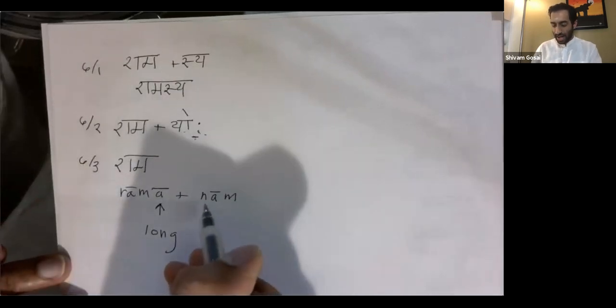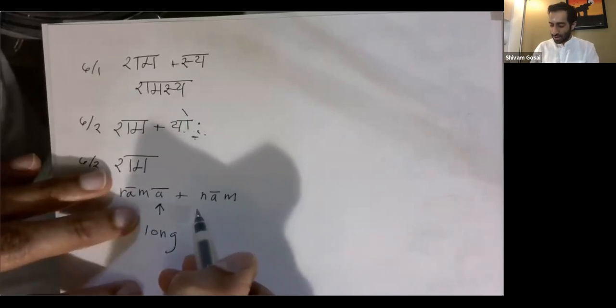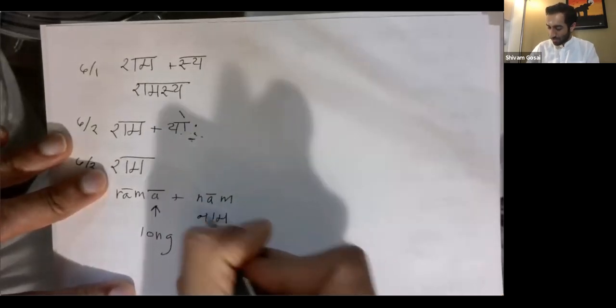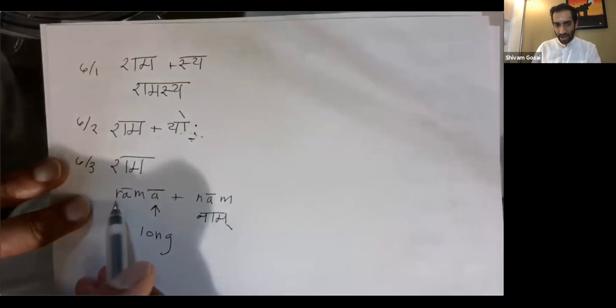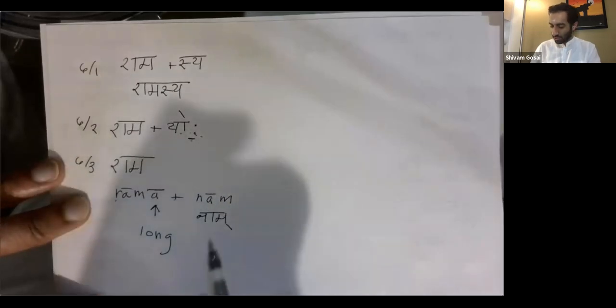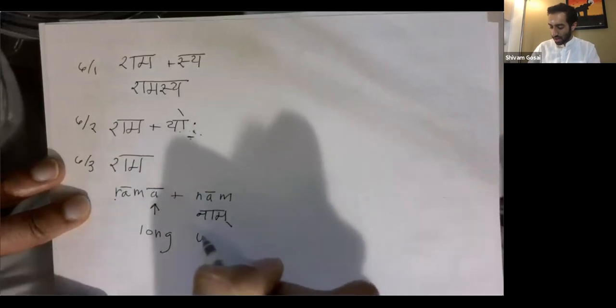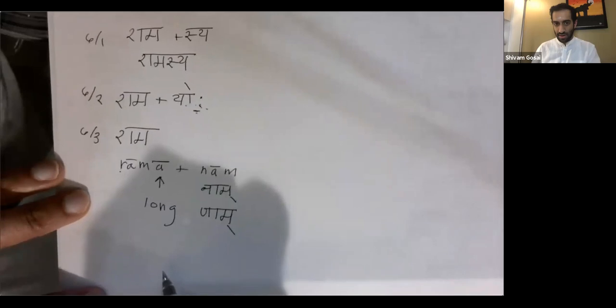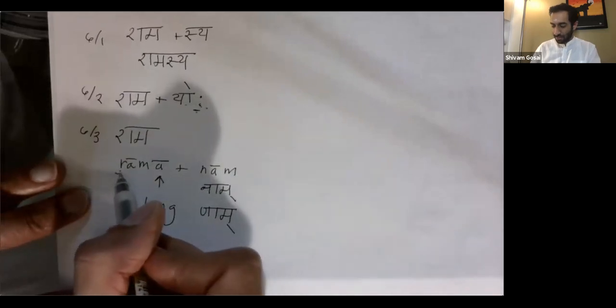Now, this nakara sometimes becomes murdanya nakara. So what I mean is this is like this, but when a rakara precedes, a lot of times this will become murdanya nakara, nam. Okay, because of this rakara preceding, this nakara becomes murdanya nakara.